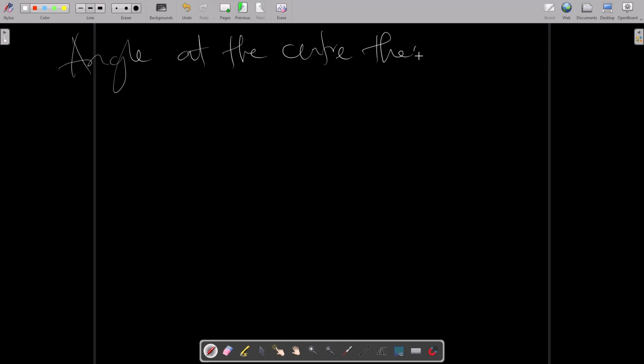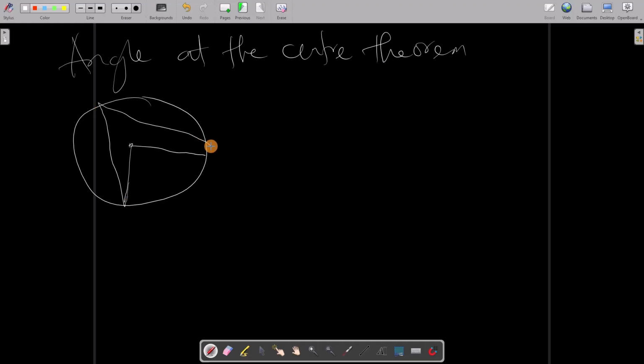Right, so you have the center, the angle at the center theorem. I'm going to take this because this is in two parts. It says the angle at the center is 2 times the angle at the circumference.